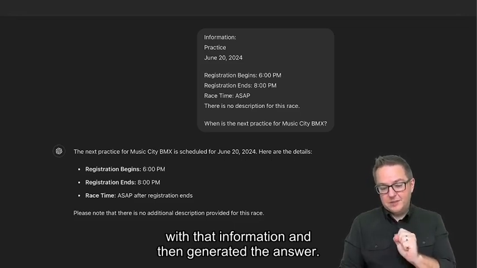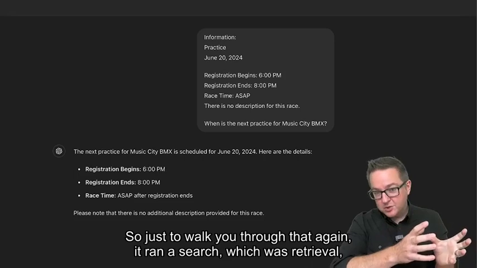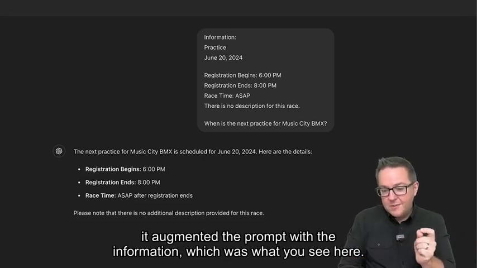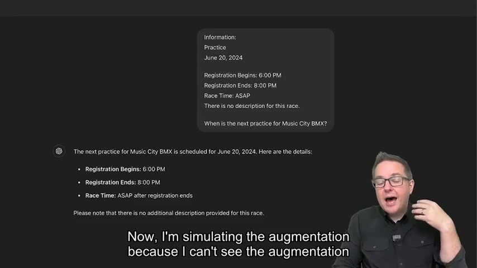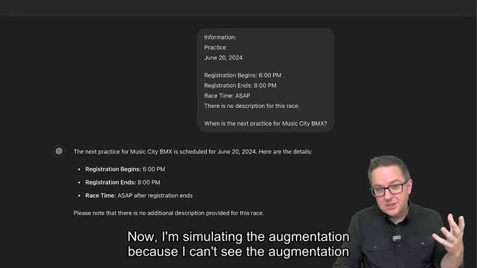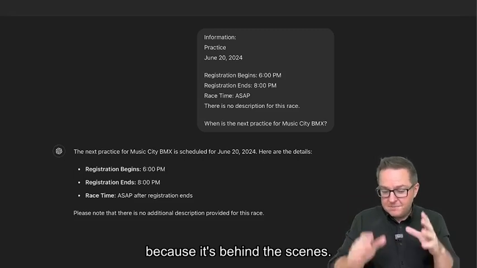So just to walk you through that again, it ran a search, which was retrieval. It augmented the prompt with the information, which was what you see here. This is not my original prompt, right? Now, I'm simulating the augmentation because I can't see the augmentation because it's behind the scenes.